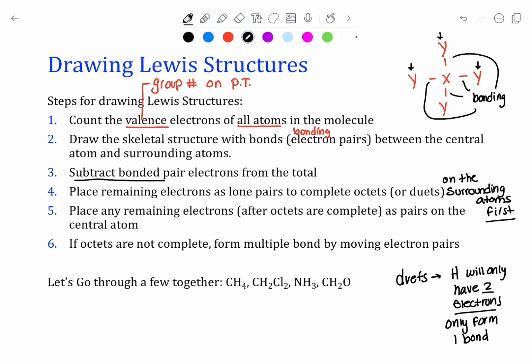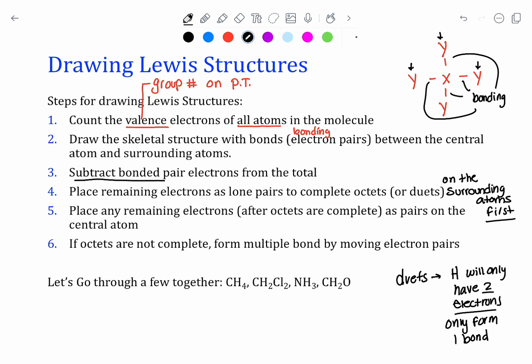shared with it. So after we've completed our octets on our surrounding atoms, we're going to subtract the amount of electrons that we used to do that from our total. If we have any remaining electrons after our octets are complete on our surrounding atoms, we're going to place those remaining electrons as pairs on the central atom.